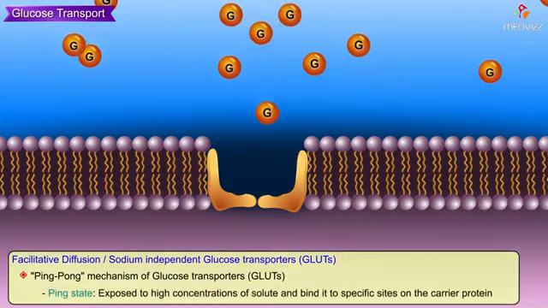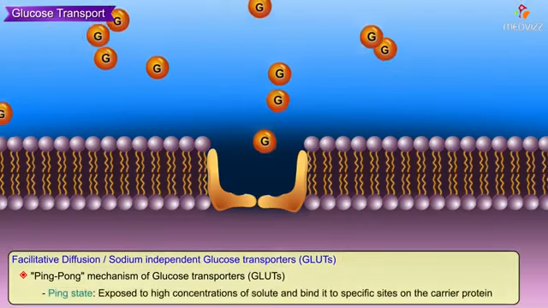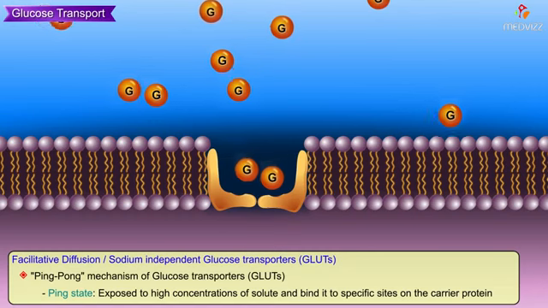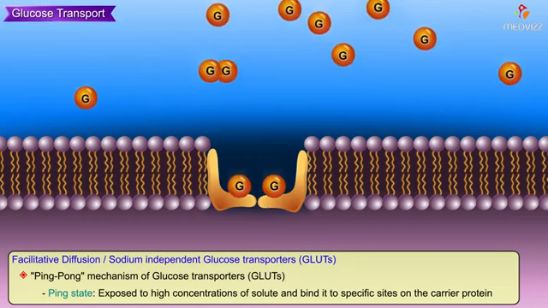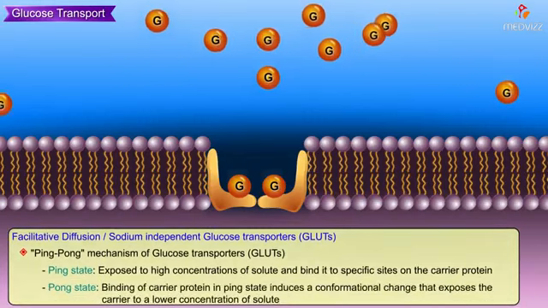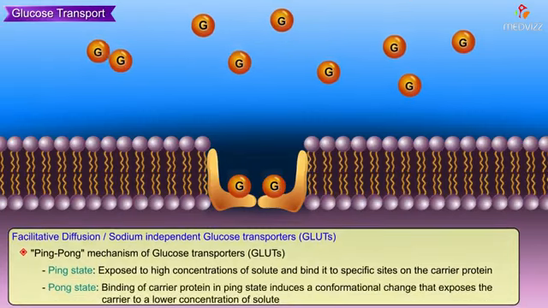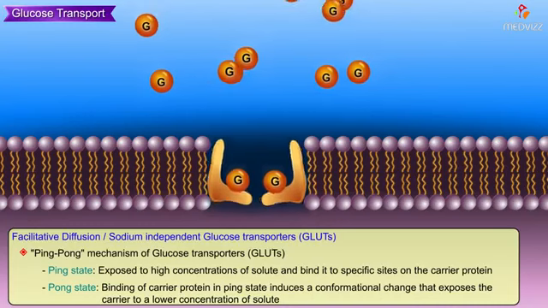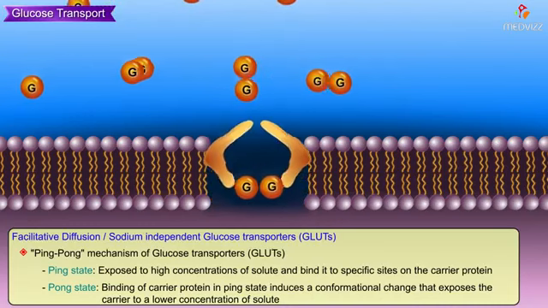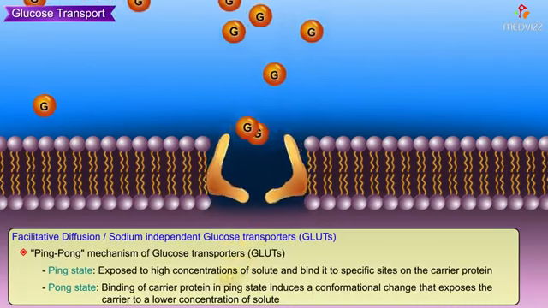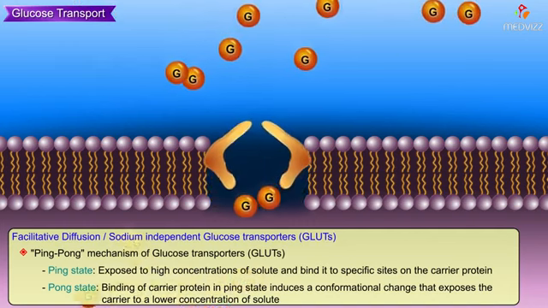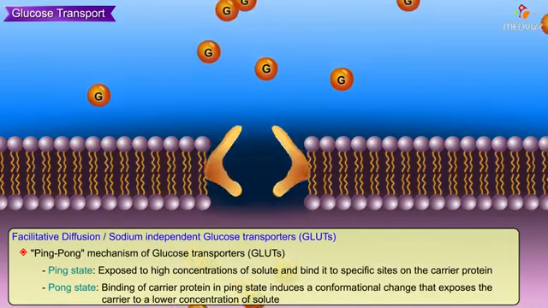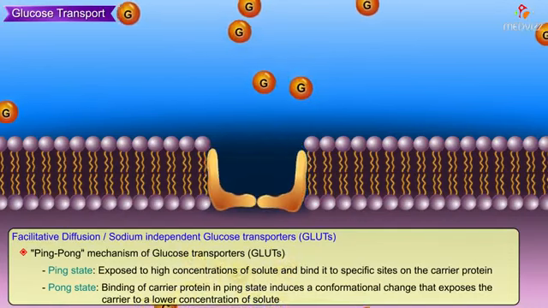Ping state: exposed to high concentrations of solute, which binds to specific sites on the carrier protein. Pong state: binding in the ping state induces a conformational change that exposes the carrier to a lower concentration of solute. Glucose is transported down the concentration gradient.